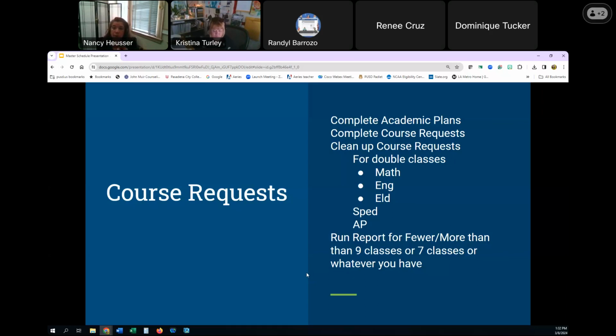You have to check for your double classes, right? So if you have a double math class, on academic plans you weren't able to put it in as a double. In course request, you could, but if you didn't do it correctly or you matched them up incorrectly, you have to just double check that. Same with your English classes, your ELD classes, any classes that are tied together.